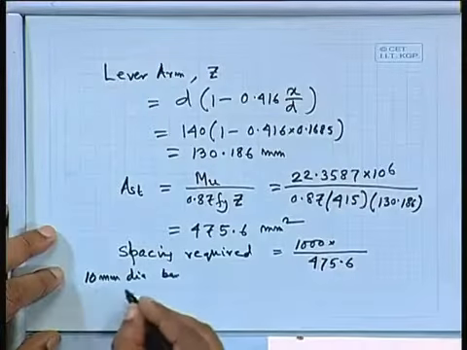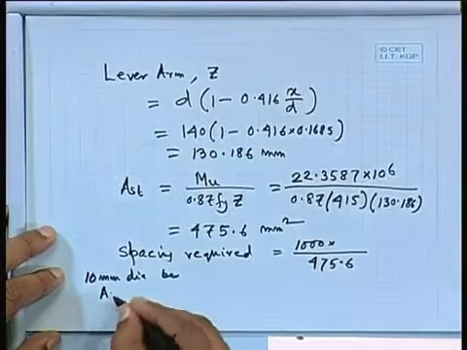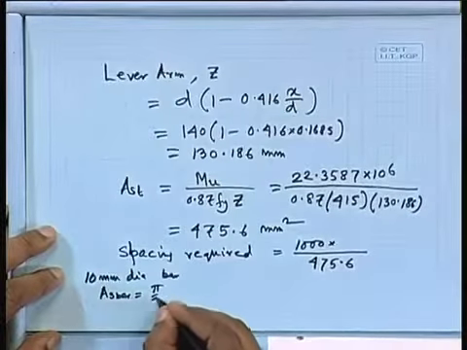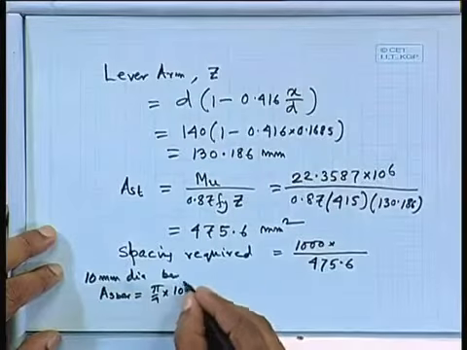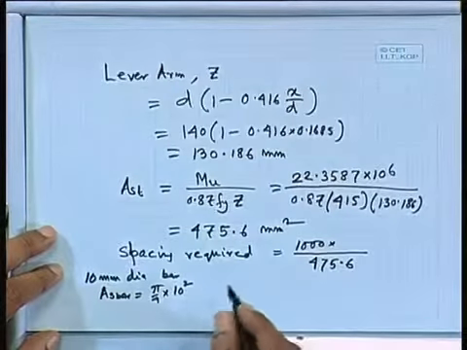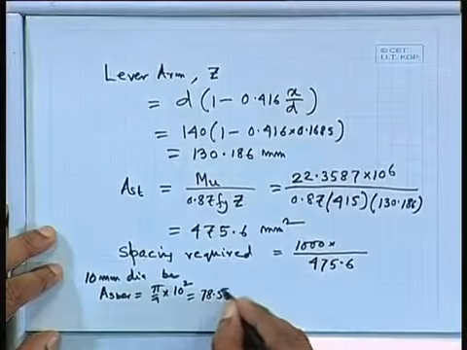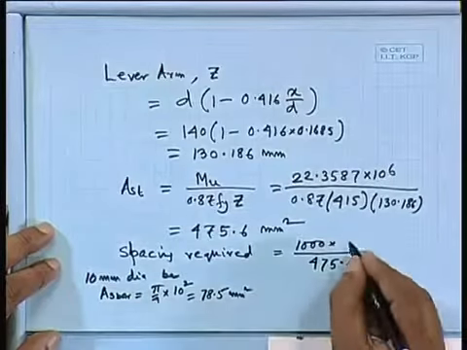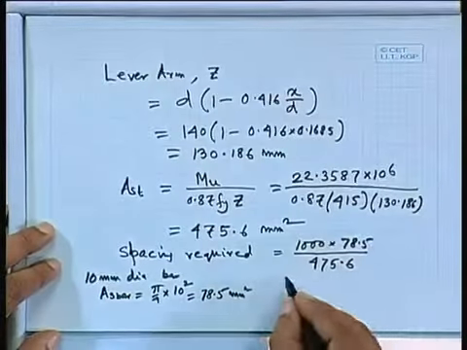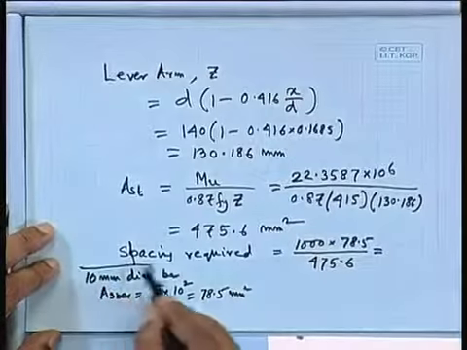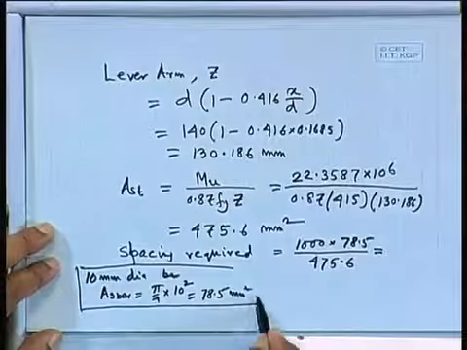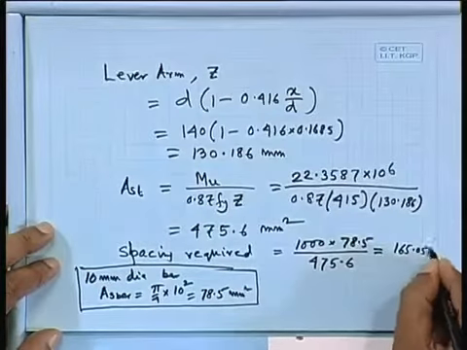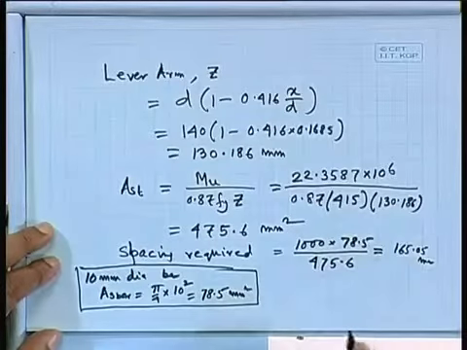So, the area of one bar, if I consider, we can get 78.5. We are assuming that we shall provide 10 millimeter bar, and we are getting here 165.05 millimeter.